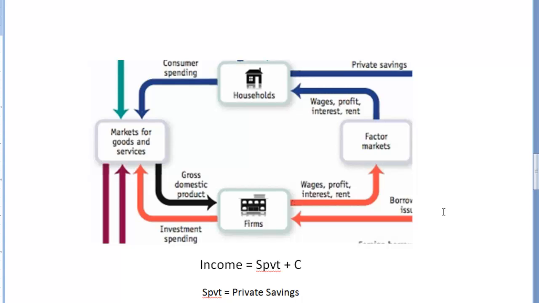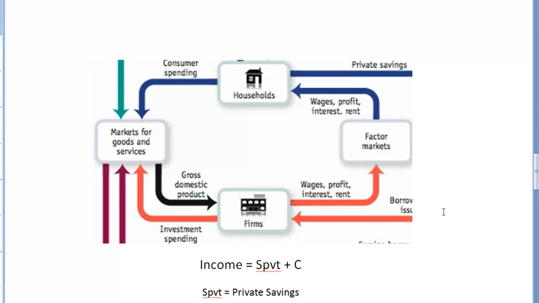Via financial markets, private savings are channeled into investment spending by firms, where households are the suppliers of financial assets in the form of savings, and firms are the demanders of financial assets.